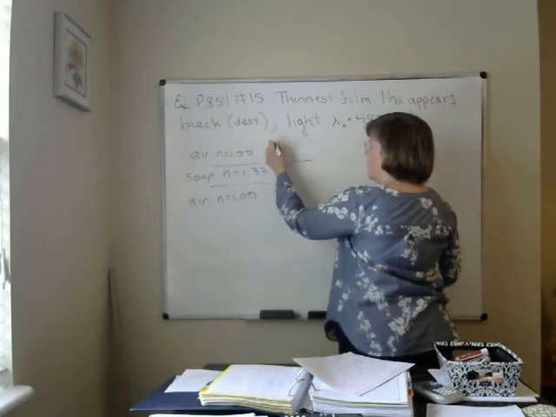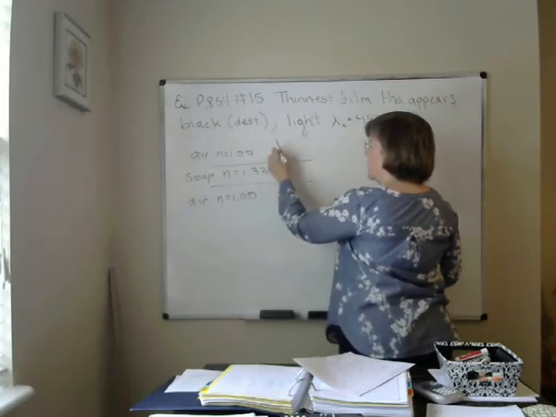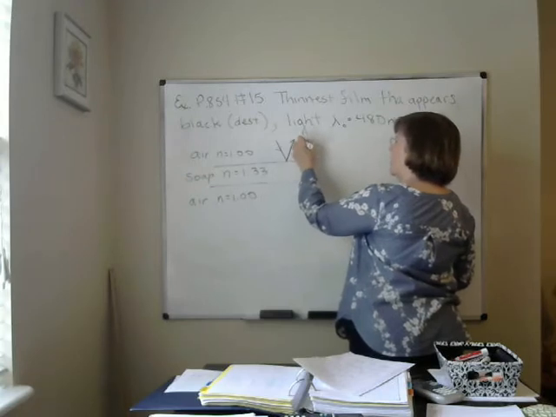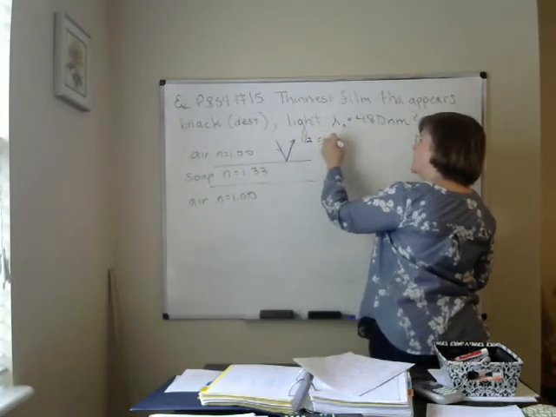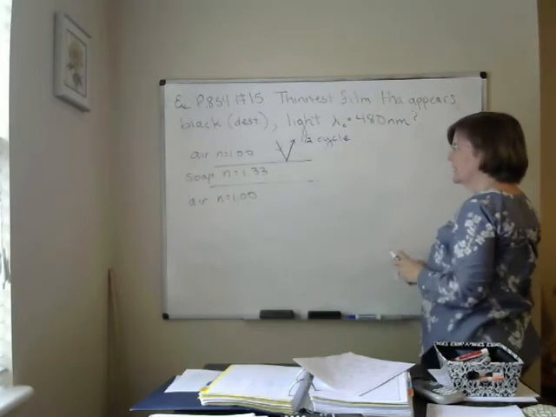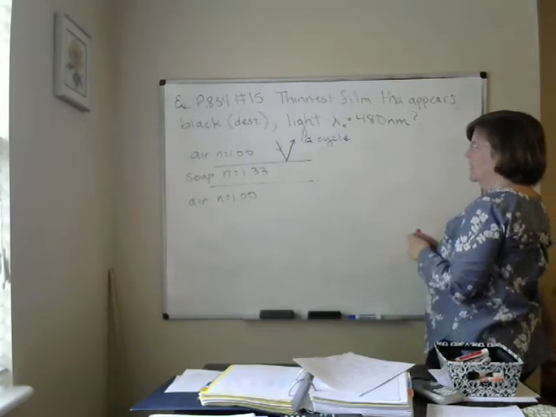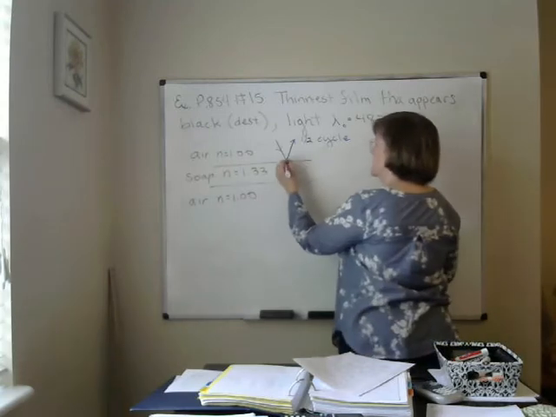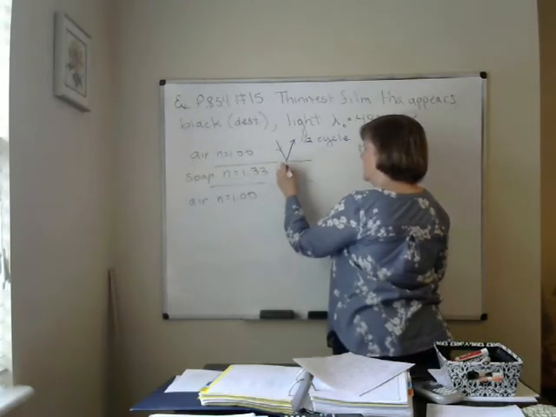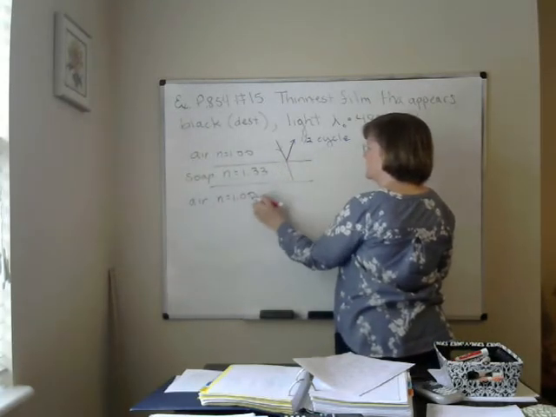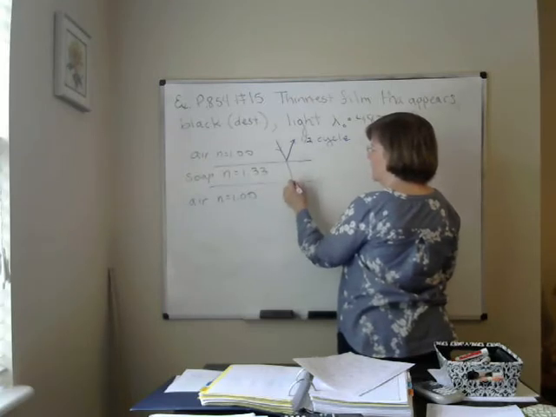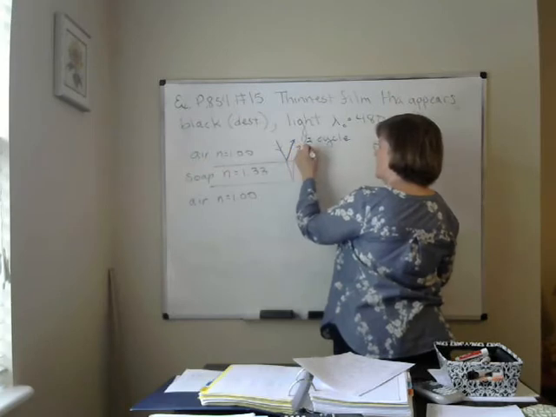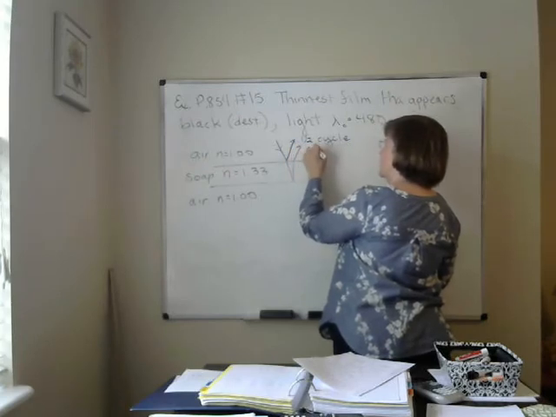Part of the light reflects off the upper surface, and that part is shifted by 1/2 cycle because it hit a higher index of refraction. Part of the light is refracted. It continues into the film. It does not, however, have a phase shift when it reflects here. So this is no phase shift.